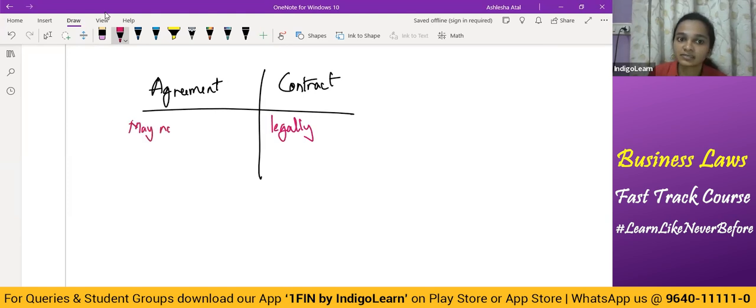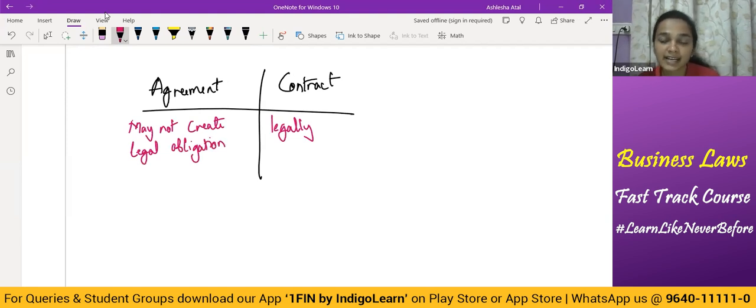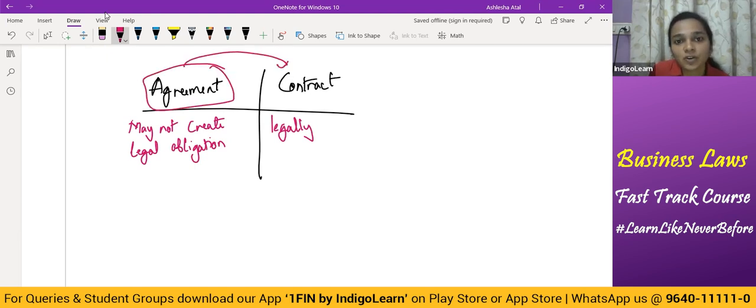What else? All contracts are agreements. Are all agreements also contracts? No, ma'am. All contracts are agreements, but all agreements are not contracts. The reason is that agreement is an inherent part of a contract.